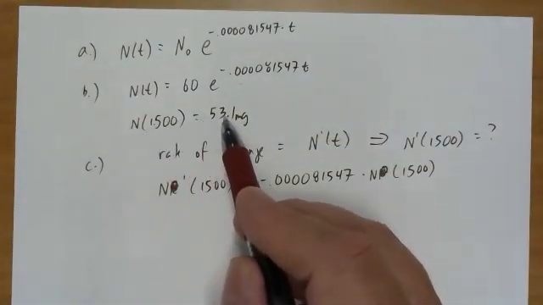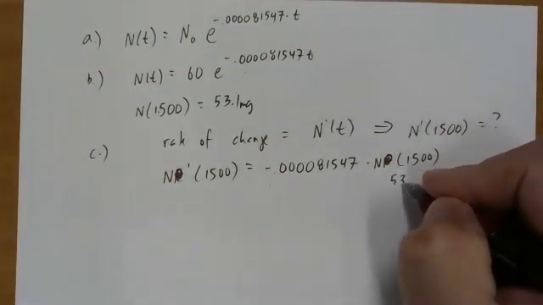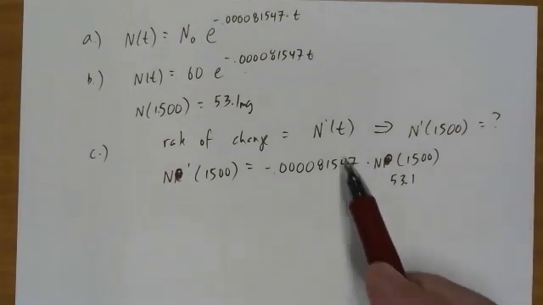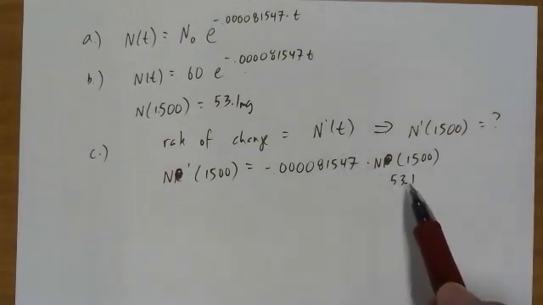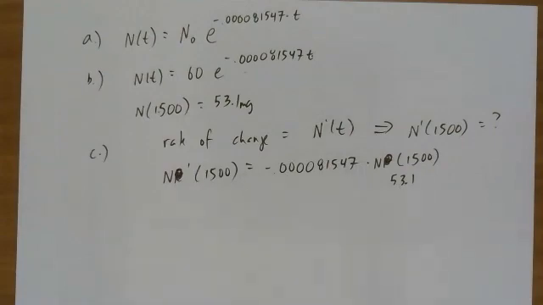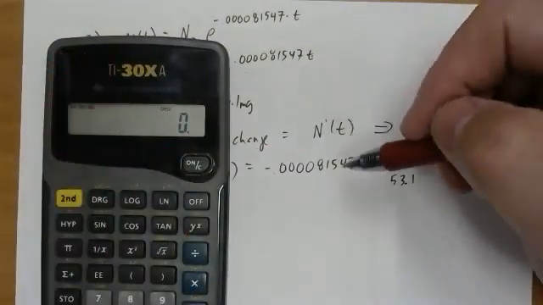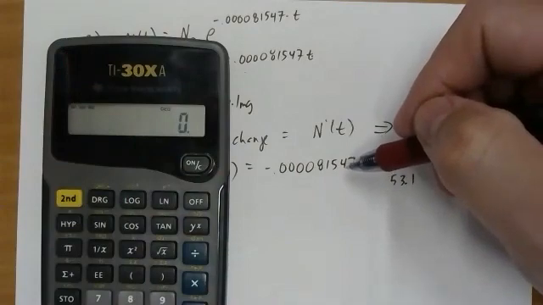It's 53.1. So I can plug that in here. And basically this number times 53.1 will be the rate of change at time 1500 years.